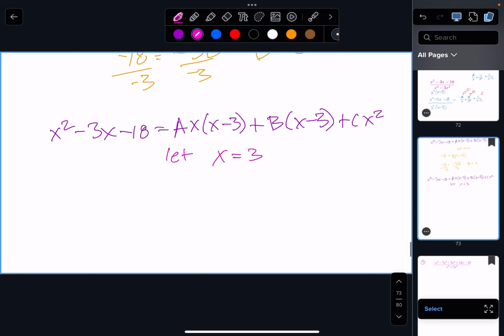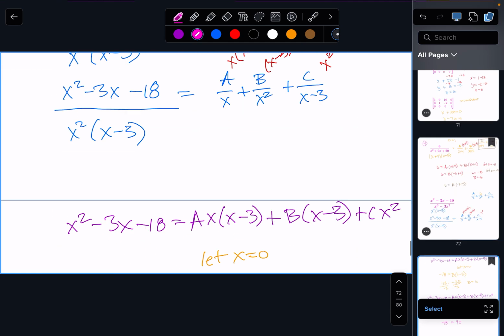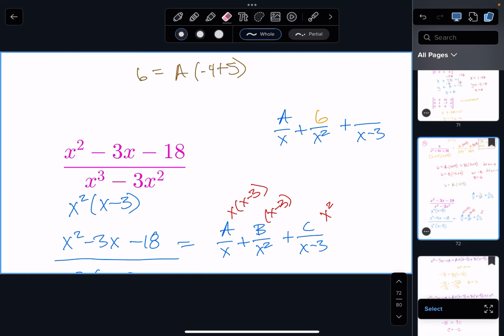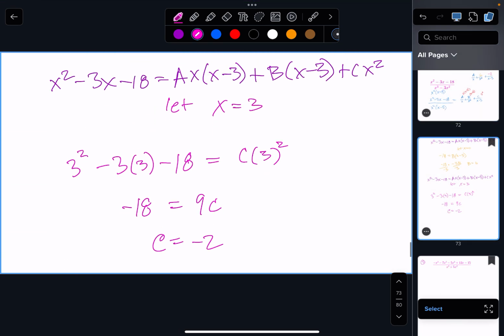So 3 squared minus 3 times 3 minus 18 equals c times 3 squared. So 9 minus 27 is negative 18, is that right? Equals 9c, and c equals negative 2. So I'm going to go way up here and put negative 2 in for c. Am I going too fast, or are we okay, you guys? We all right?